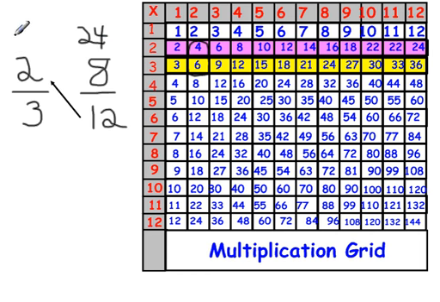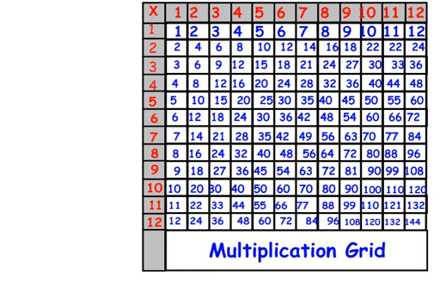And 2 times 12 is 24. Pardon the mess, I'm using the mouse instead of pens. So 24 and 24. 2/3 has the same value as 8/12. Therefore, according to our multiplication grid, 8/12 is in fact equivalent to 2/3.